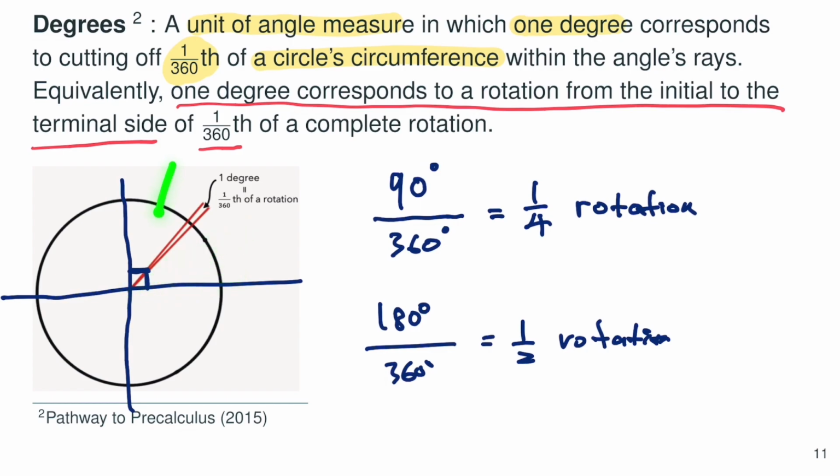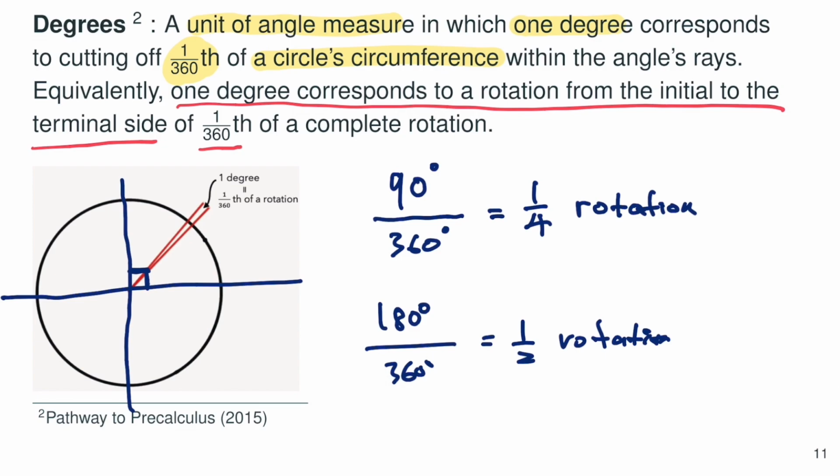If we have 60 of those, it will be somewhere here. So that's the idea of degrees. You can think of a full circle as 360 slices for rotation, 360 degrees. Half of that is 180, half of that is 90, half of that is 45. Those are the major angles.